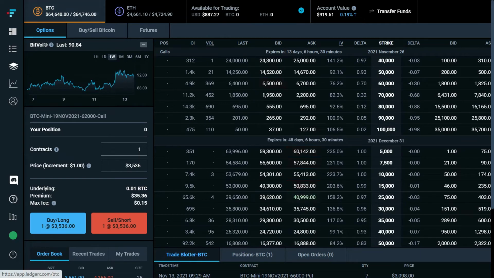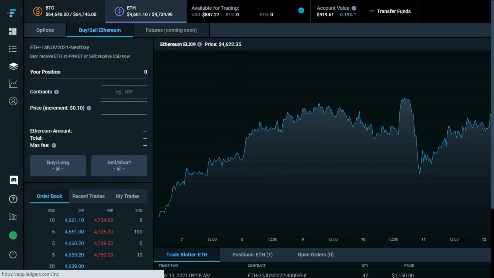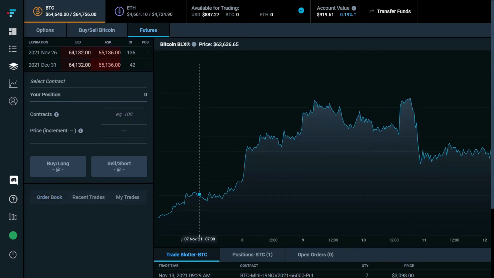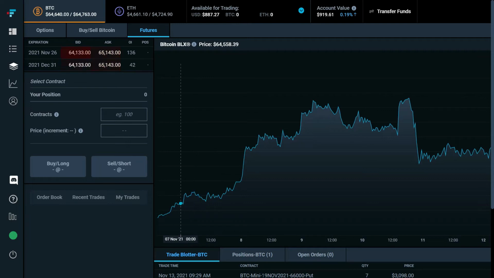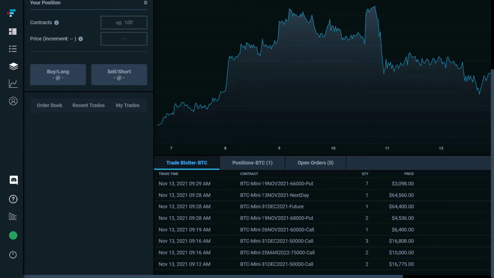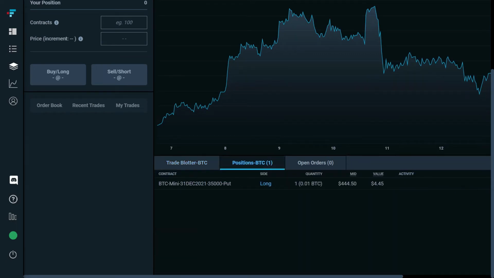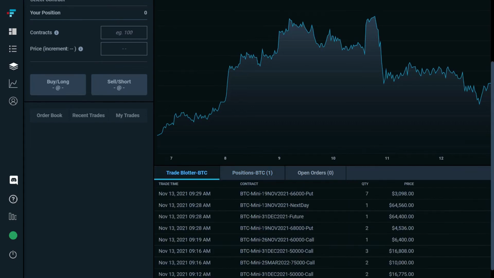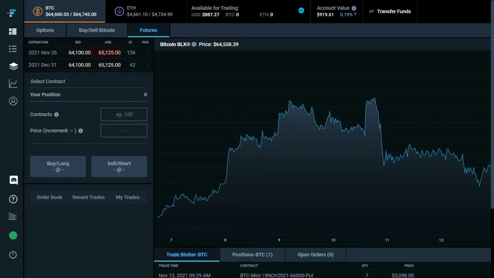They've changed the interface a little bit, and they have ETH and the Bitcoin futures. This is something similar to the BITO ETF. I don't think it is the BITO ETF, but the futures contracts are not related to the actual coins.